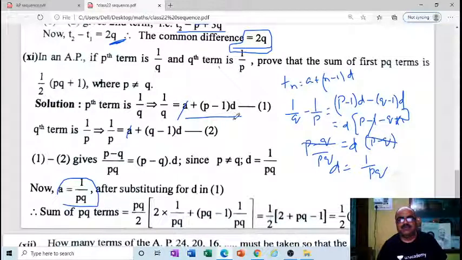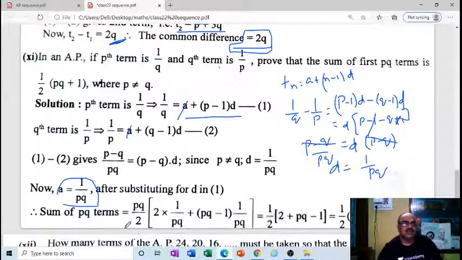If you put 1 by pq, p into 1 by pq, p cancels, 1 by q you will get, and with this minus 1 it is going to be 1 by pq minus 1 by pq, and here 1 by q, 1 by q cancels. This value, if it goes to the other side, it is going to be a equals 1 by pq.